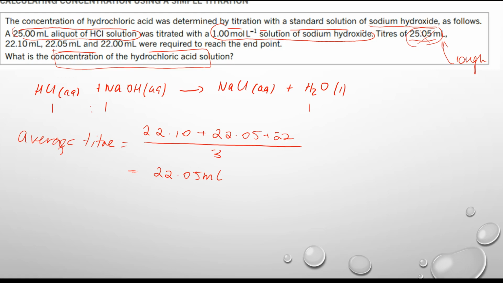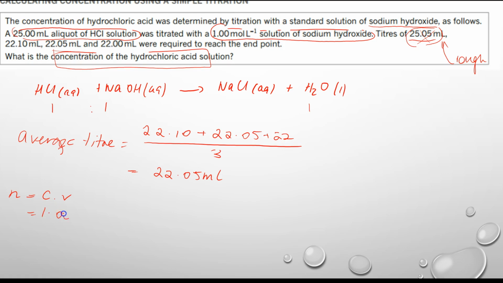Now we're going to use our concentration formula and rearrange it in the form of moles is equal to concentration times volume. So again, similar to what Col has used before, put our name on our CV. Helps us remember that formula. So we've got the concentration. We already know what that is.